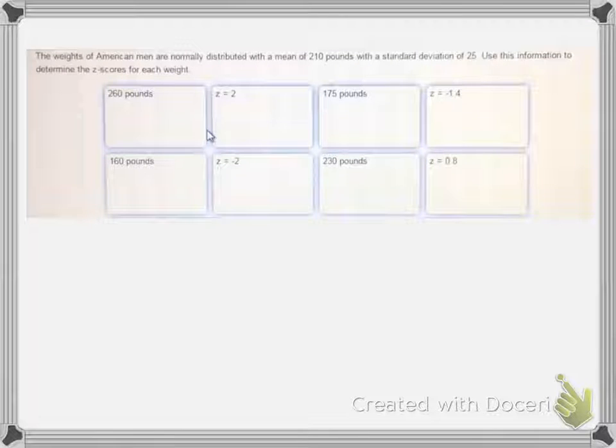One of the easiest things on here, if you can remember how to do this: z-scores talk about how far away from the average you are. Your average or mean is 210 with a standard deviation of 25. So this should actually be 100% obvious. The largest z-score is a 2, and the largest value is 260.